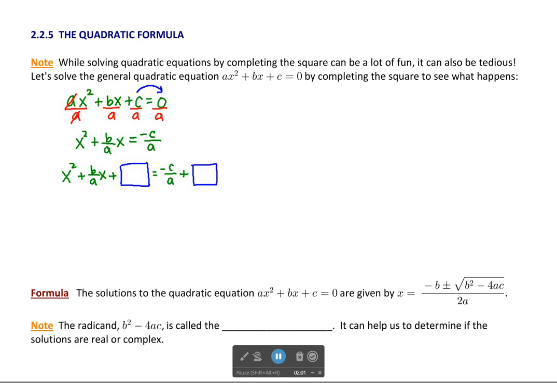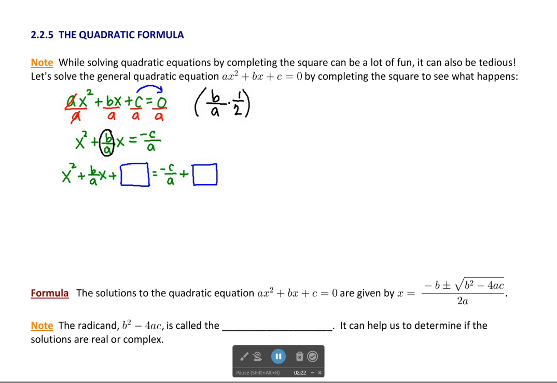Okay, so how do we find that number? Remember from our algorithm, we take the linear coefficient, which in this case is b over a, and we're going to divide it by 2 and square it. Now, instead of dividing by 2, since I've got a fraction here, I'm going to do the equivalent and multiply by a half.